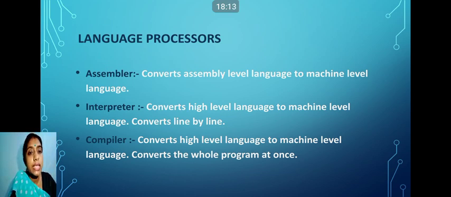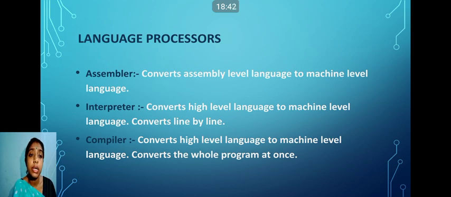The very first one is assembler. What is the work of the assembler? Assembler is that processor which converts the assembly level language into machine level language. Clear? Means the mnemonics are converted from assembly level language to machine level language. Then the next one is interpreter. This is also a translator or a processor.